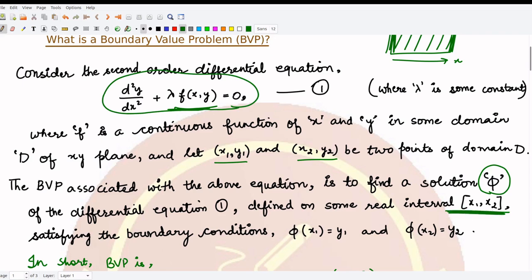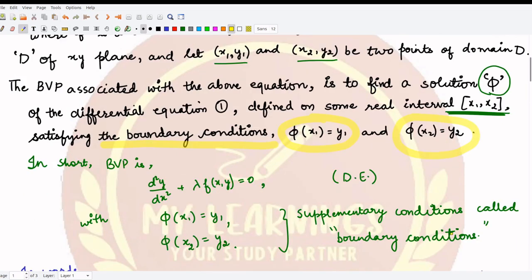The interval is given to us starting from x1 up to x2, all the values containing it, such that it satisfies the boundary conditions. This is important here: phi of x1 is equal to y1. That means our solution at the point x1 would be y1 and our solution phi at the point x2 would be y2. So in short, how do we write it in terms of notation?